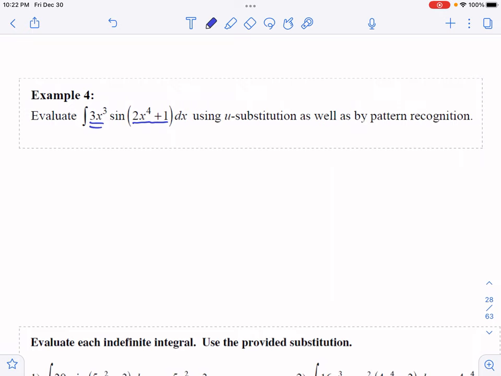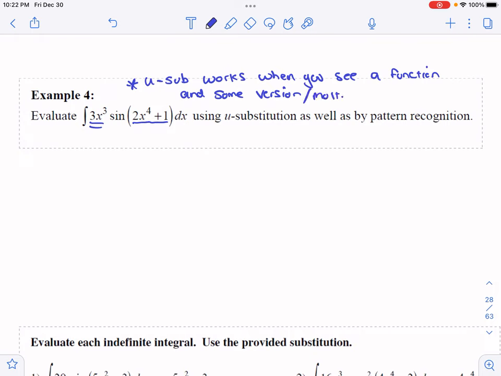So the key is, u-sub works when you see a function and some multiple, or some version, of its derivative.